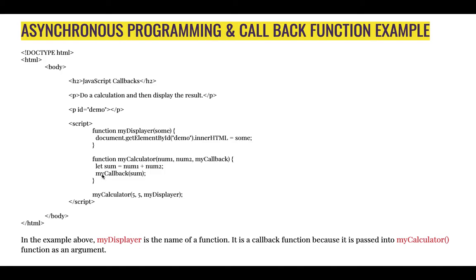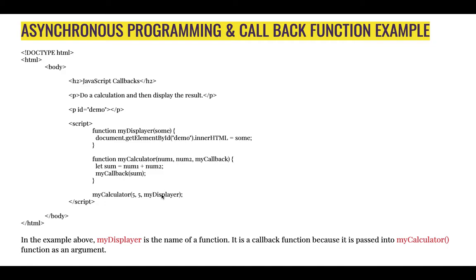So inside this function, we call the callback and pass the sum of the first number and the second number. The first number is 5. The second number is also 5. And then we passed myDisplayer as the callback function.